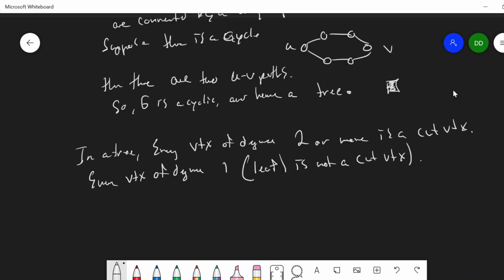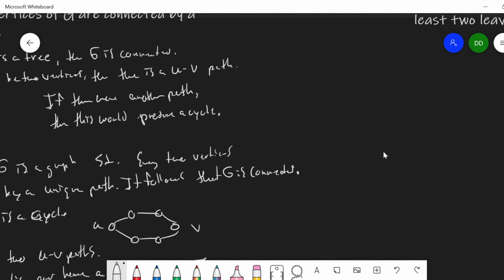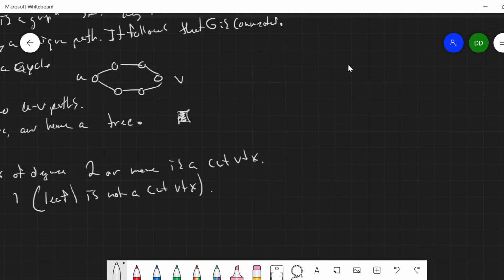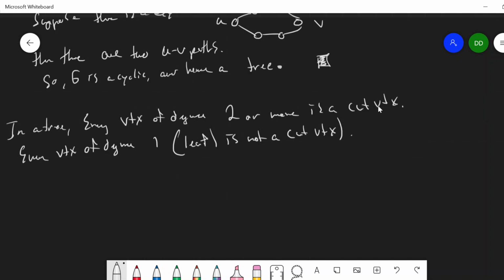And so those two observations together with that theorem tell us that every non-trivial tree contains at least two leaves. Let me say that again: every vertex of degree 2 or more is a cut vertex. Every vertex of degree 1 is not a cut vertex.